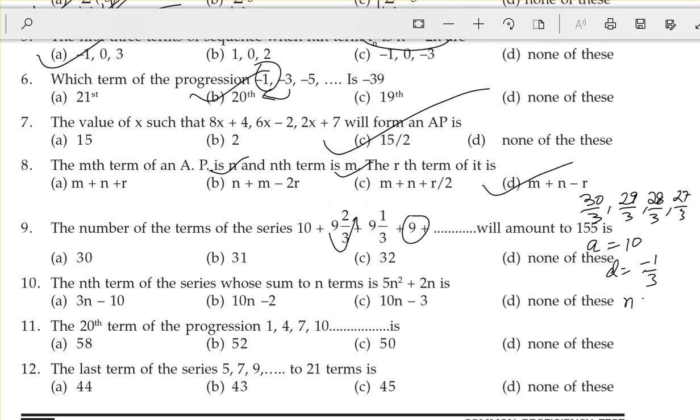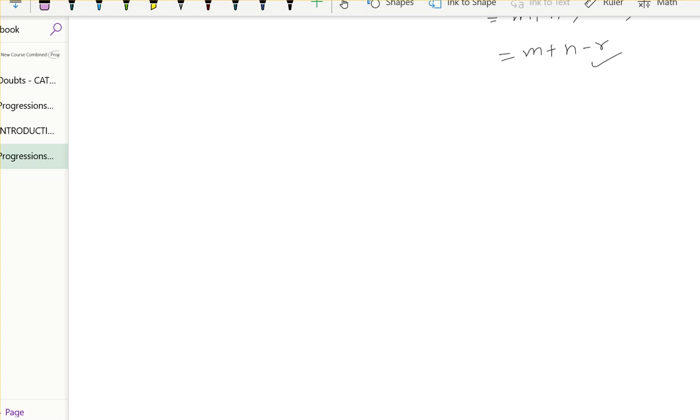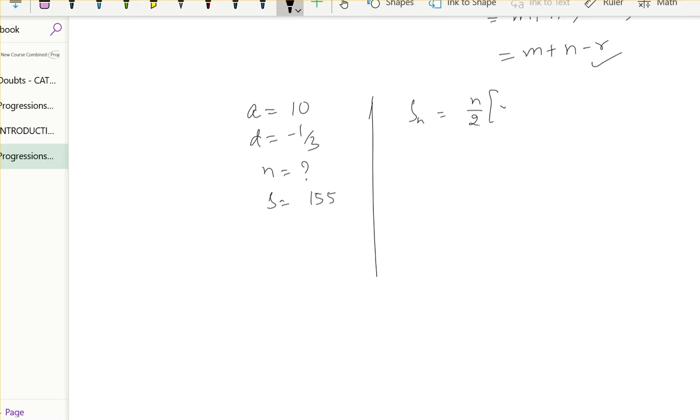It is asking for n, and the sum is given as 155. Let me list the information from the question once again: a is equal to 10, d is equal to minus 1 by 3, n is what? S is 155. Sn is equal to n by 2 times 2a plus n minus 1 times d.